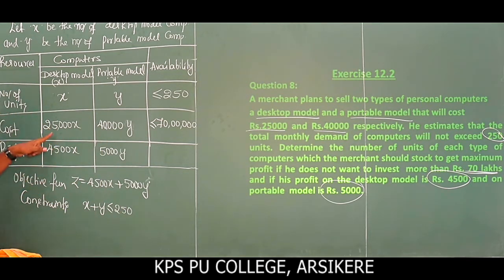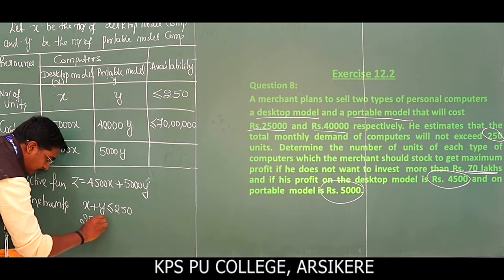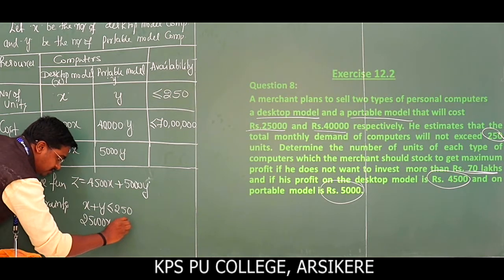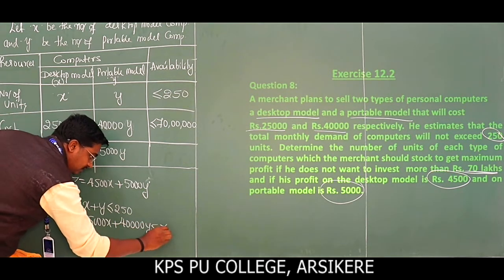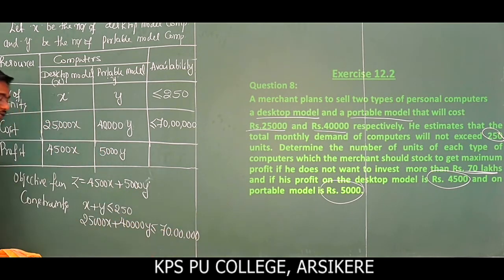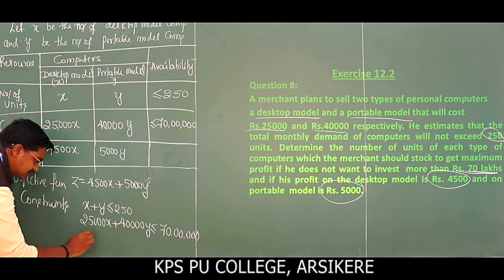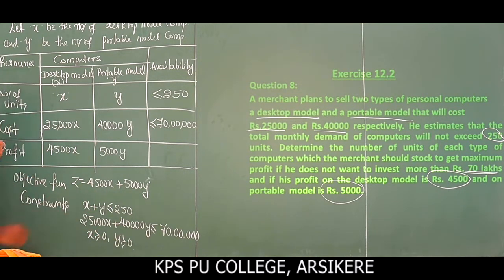And the second one is 25,000X plus 40,000Y less than or equal to 70 lakhs. And obviously here X greater than or equal to 0, Y greater than or equal to 0. These two are the non-negative constraints.